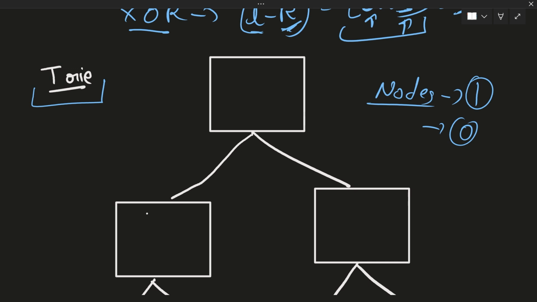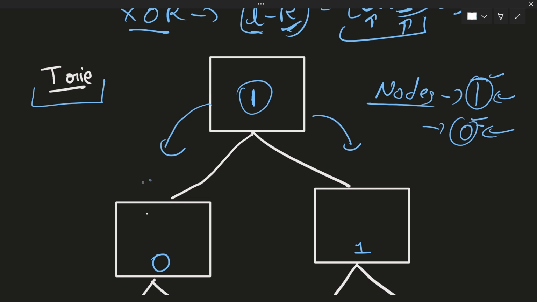By 1 and 0 we mean that each node will represent either, let's say initially we have this node, and let's say we have this node for 1. Currently we have the first bit as a set bit, and now after this we will have, here it represents 0, here it represents 1.